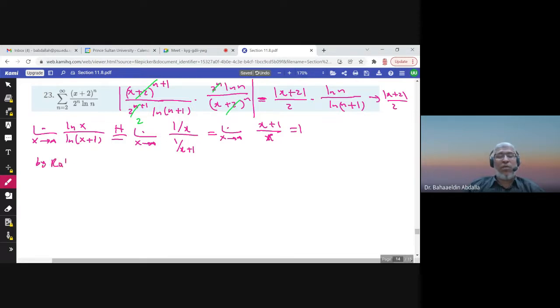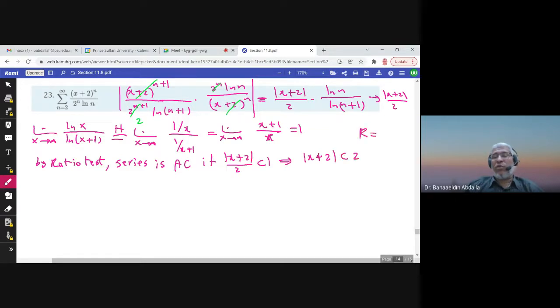And then by the ratio test, the series is absolutely convergent if the absolute value of x plus 2 over 2 is less than 1, or if the absolute value of x plus 2 is less than 2.